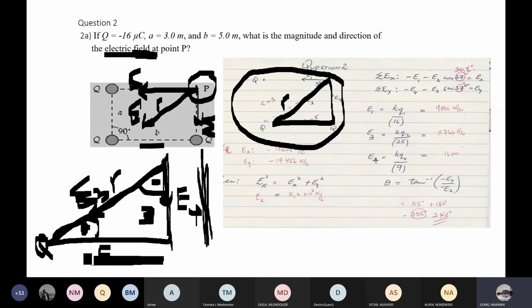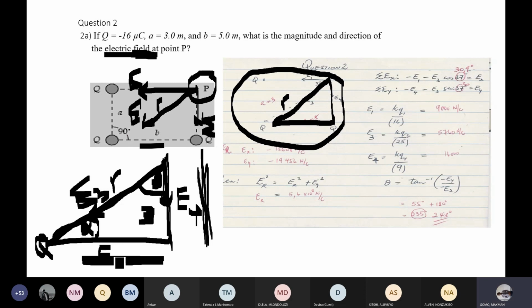So for the horizontal component with respect to this angle here, since it's opposite, it's going to be E3 sine theta. I don't know which one is going to be your theta, but this angle here, that's the angle that you are going to use. So let's say this angle is theta. Then this one we no longer call theta. Maybe this one is alpha, just to distinguish the angles. Let's say this one is alpha and this one is theta.